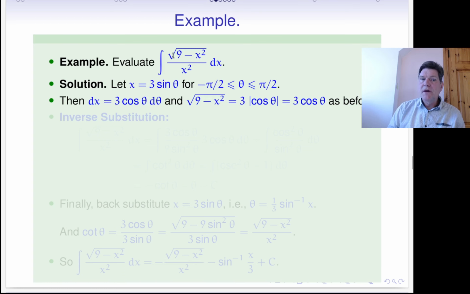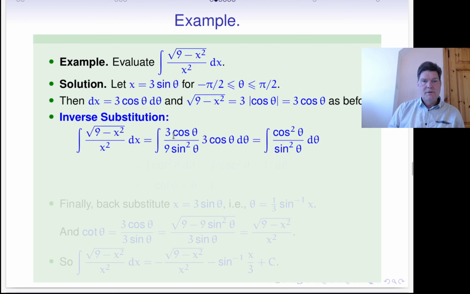Now we're looking at the square root of 3 squared minus x squared, setting x to 3 sine theta. This is expressing x in terms of a new variable theta. The dx becomes the derivative of x with respect to theta. That's 3 cosine theta d theta. And the difference of two squares becomes a square of which we can extract the square root to be 3 cosine theta. So that's the inverse substitution set up in this example.